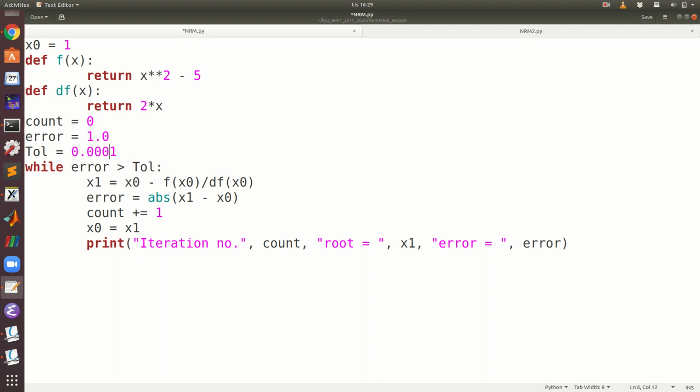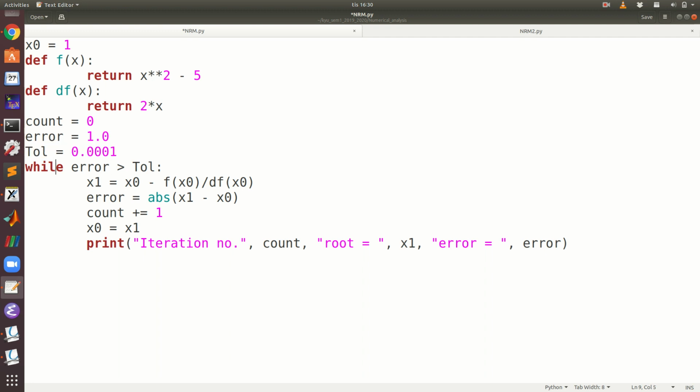Then we state the tolerance to be a given number. They said 10 decimal places, so you find a way of changing some of these to 10 decimal places. You can think about how to implement it. I will assume I'm just using a tolerance of 10 to the power negative 4.